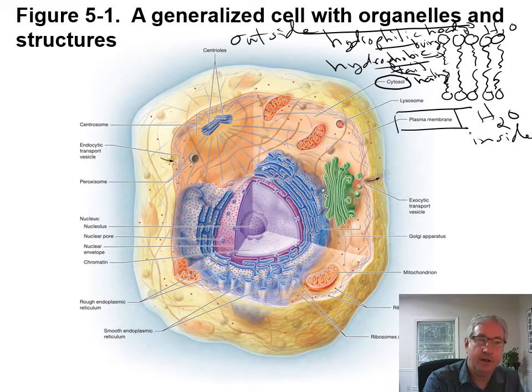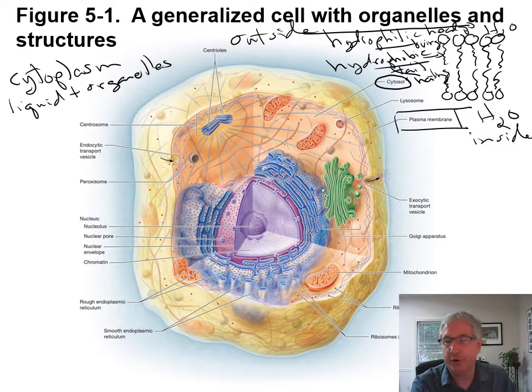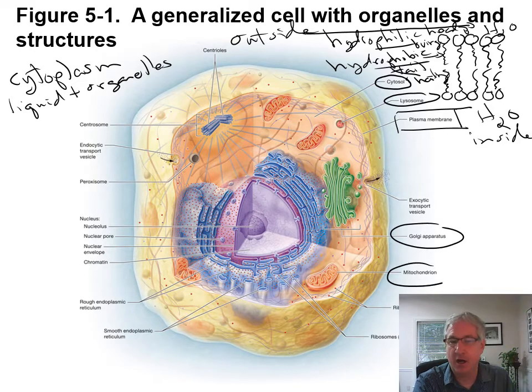The cytosol is the liquid part, and inside the cell, you'll also hear the word cytoplasm. Okay, so cytoplasm is the liquid plus organelles. Everything else that we have on the slide are the organelles. So we're going to start on the right side here. We have a lysosome, a Golgi apparatus, a mitochondrion.